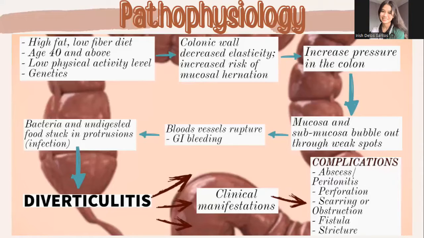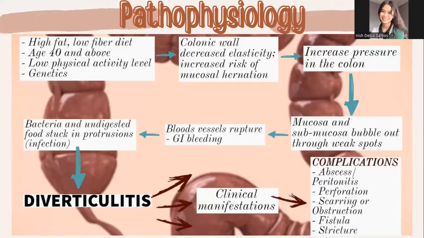It has been thought that the waves of high intestinal pressure during segmentation lead to muscular atrophy and herniation of the colon wall, or the mucosa and submucosa bubbles out through the weak spot, in turn forming diverticula.